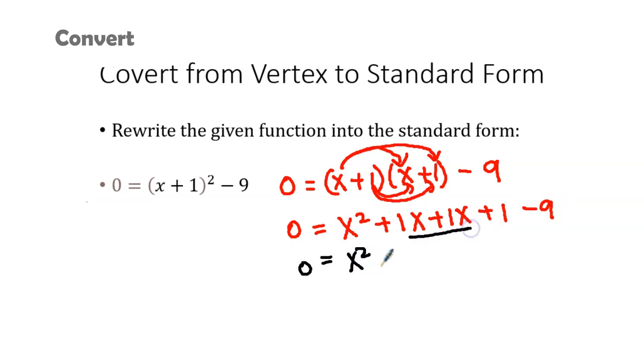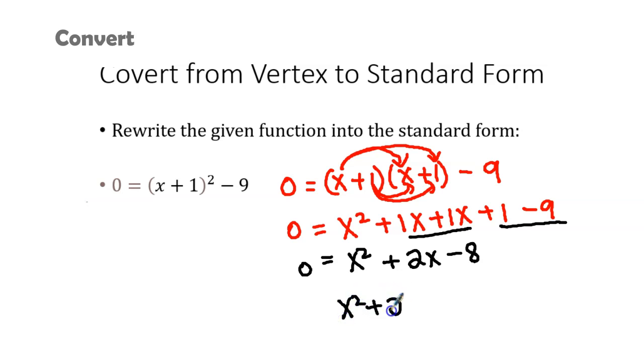These are like terms. It's 1, 1, so 2x. So this 1 is also a like term. It's a constant. 1 minus 9. The negative is bigger, so the 8 that's coming has to be negative. Or you could leave it this way, or you can write x squared plus 2x minus 8 equals 0. It doesn't matter where the 0 is, either on the left-hand side or right. It's the standard form, so you are able to convert this vertex form into the standard.